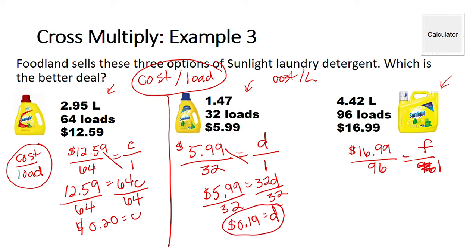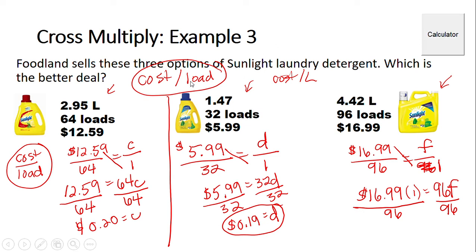And then our final one is over here. So doing cross multiply, you can see I'm just multiplying everything by 1, so I'm not writing that in. I could write times 1 here equals 96F, and divide this by 96. Get my calculator out.